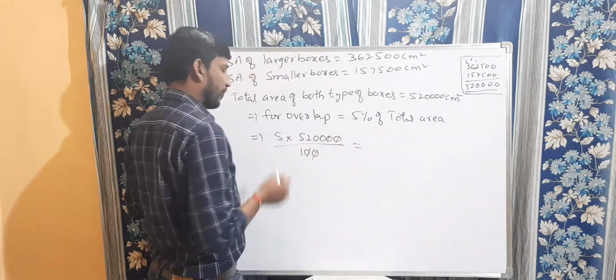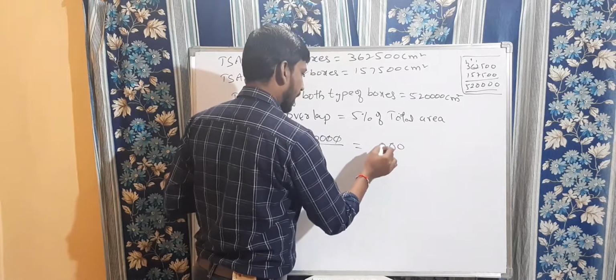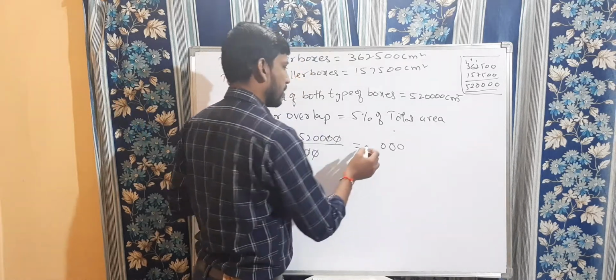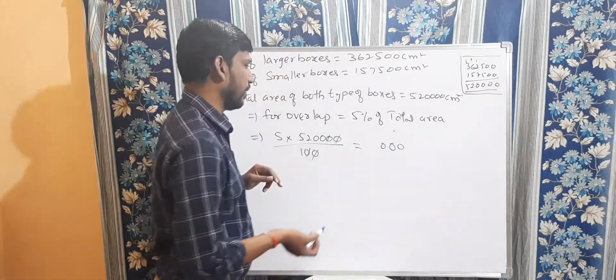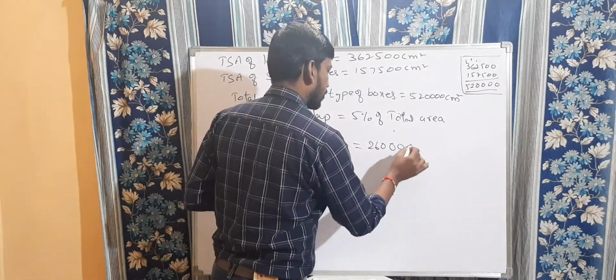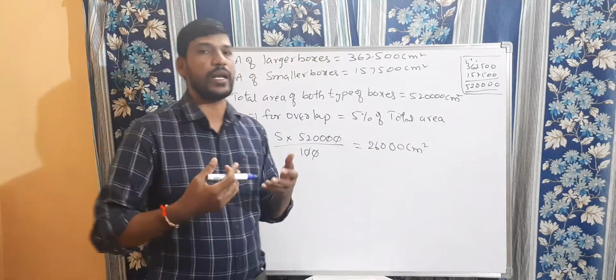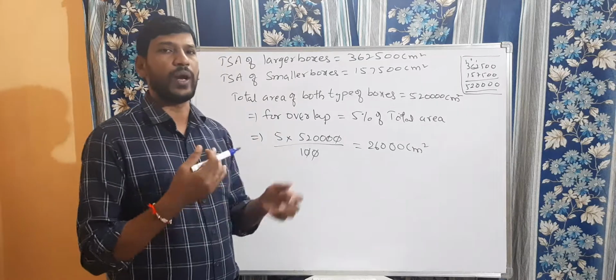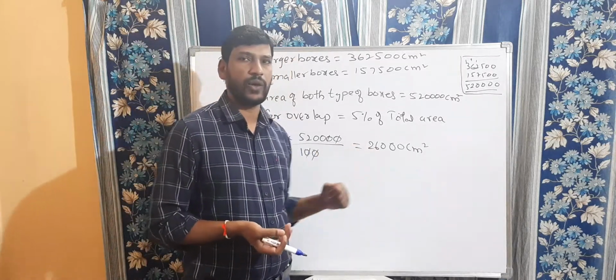Now by multiplying with 5, 5 2s are 10, 1 carry over, 5 5s are 25 plus 1 is 26. So 26,000 centimeter square area is extra required. For overlap, 26,000 centimeter square area is required.